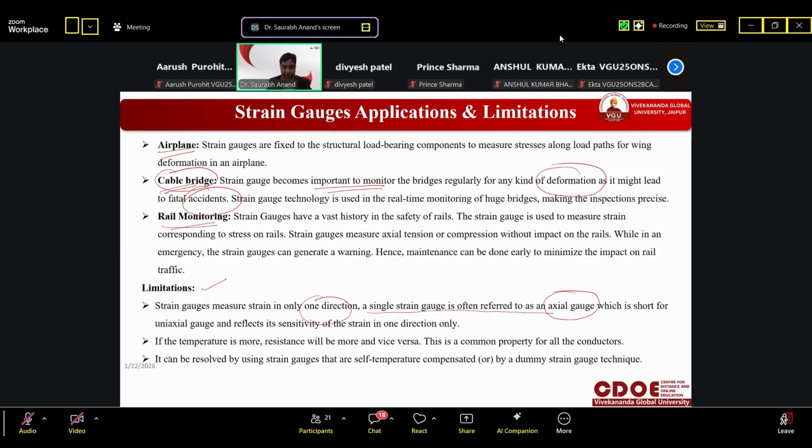If temperature is more, then resistance will also be more, and in that case it is also not possible to use. It can be resolved by using strain gauges that are self temperature compensated, or by the dummy strain gauge technique. That means we should use the strain gauge in two dimensions or multi-dimensional so that we can monitor any of the directions, like the x-axis or the y-axis.